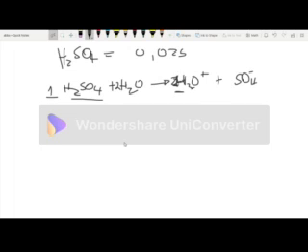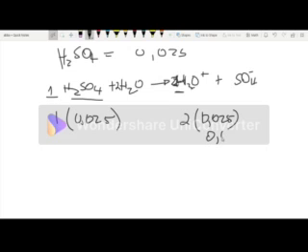If we multiply, here we have your 1 multiplied by your 0.025, then for this hydronium, we're going to have 2 into 0.025. Remember, this is 1 mole and this is 2 mole. So for this one, we're going to have the concentration of 0.05 according to Kc, the equilibrium constant.